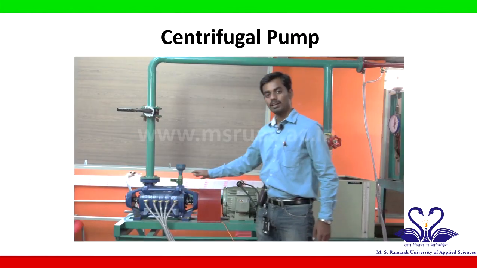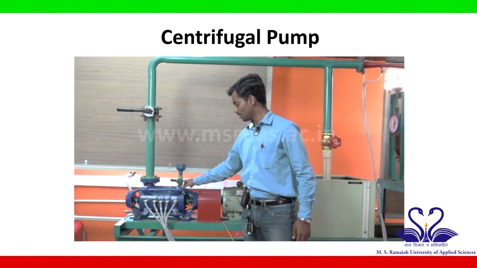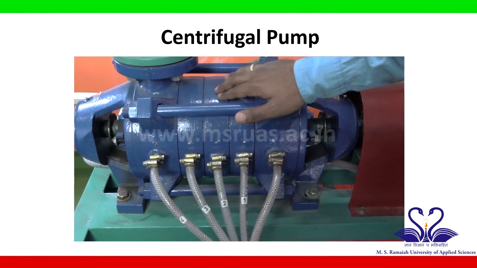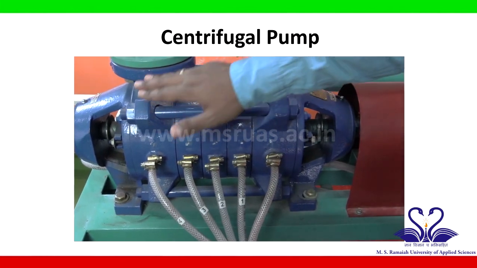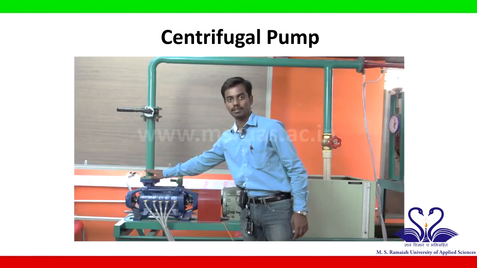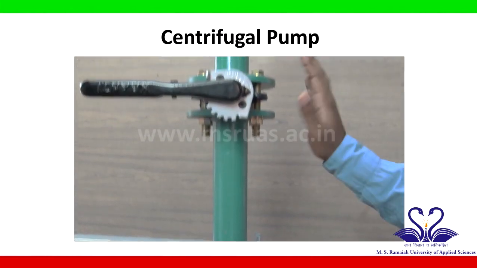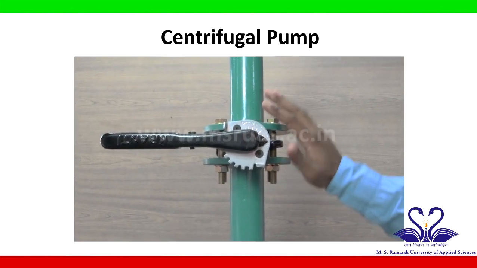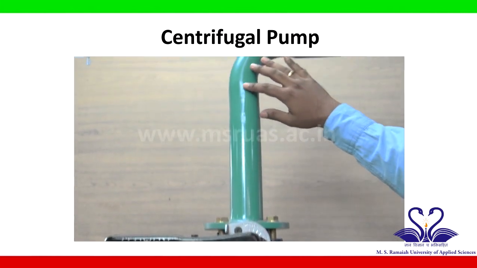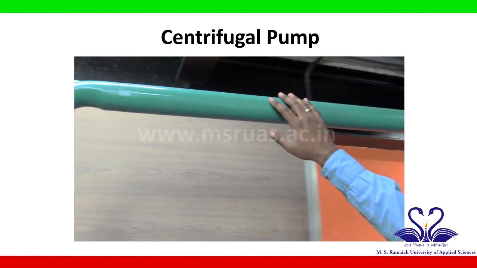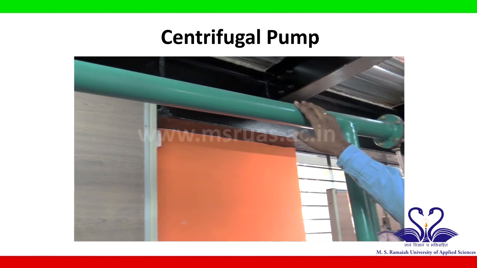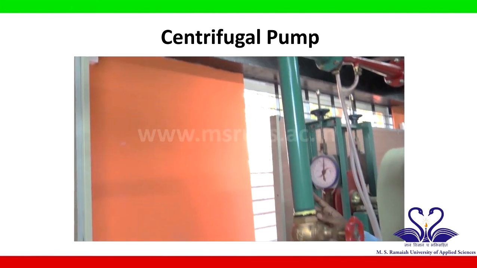The pump has 4 stages: stage 1, stage 2, stage 3 and stage 4. The end of the 4th stage is connected to a delivery valve. Further, it is connected to a delivery line which comes down to the collecting tank.